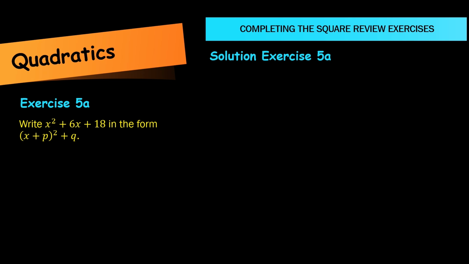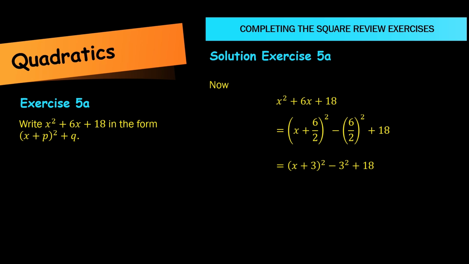Now, if we apply the completing the square formula to x squared plus 6x plus 18, we obtain x plus 6 over 2 all squared minus 6 over 2 all squared plus 18, as shown. And then tidying up to give x plus 3 all squared plus 9.